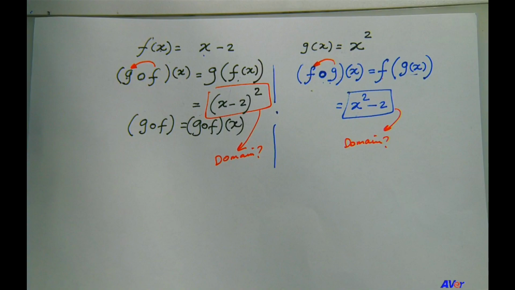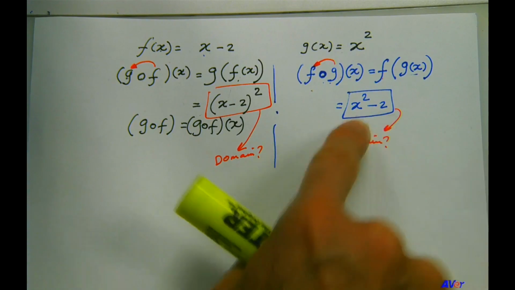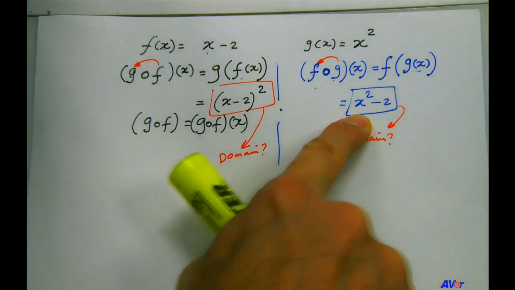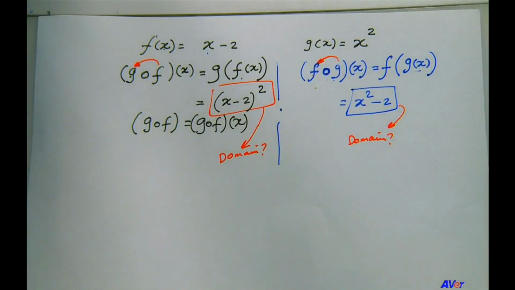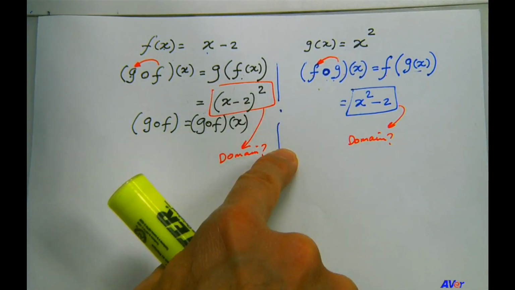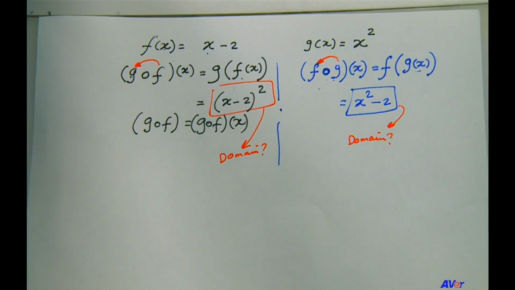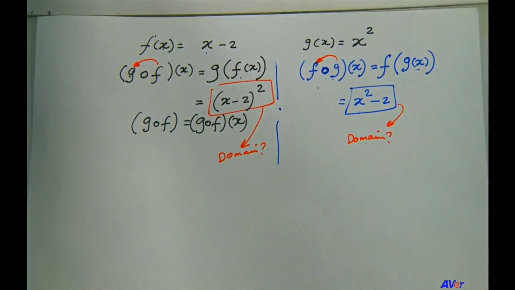But when we form composition functions, we're interested in the domain of the composed or composite function, and two domains should agree, not three. Which domains are those?